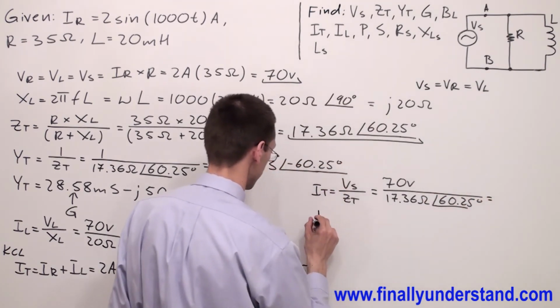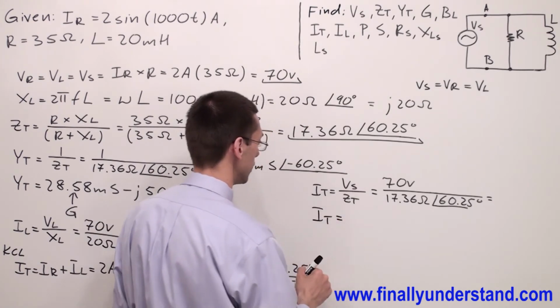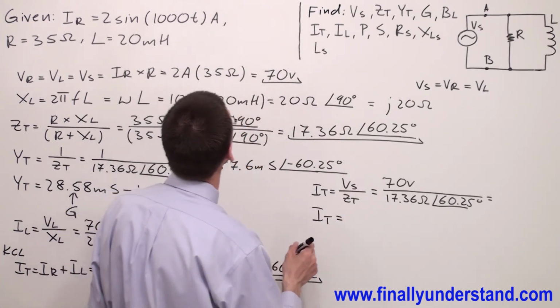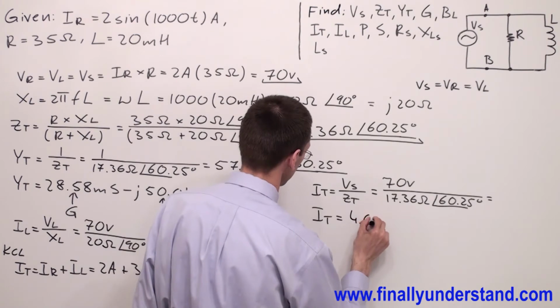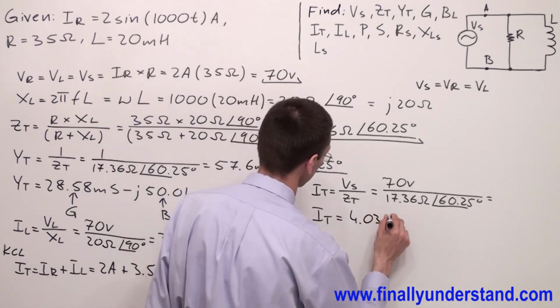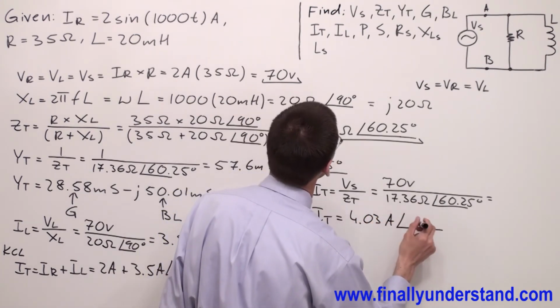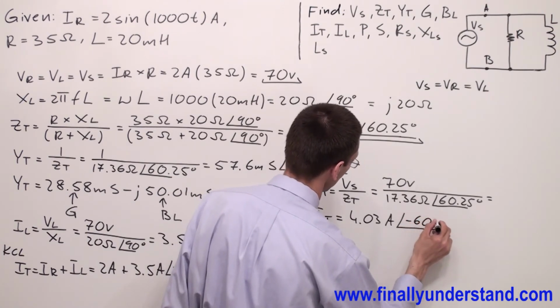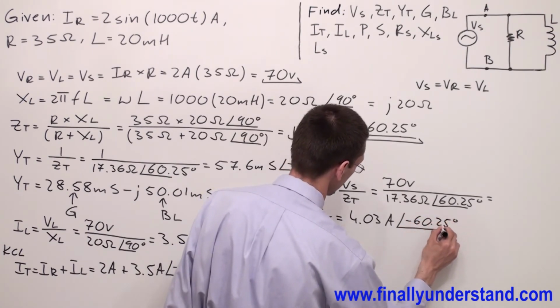So I total is equal to 4.03 amps and angle of negative 60.25 degrees.